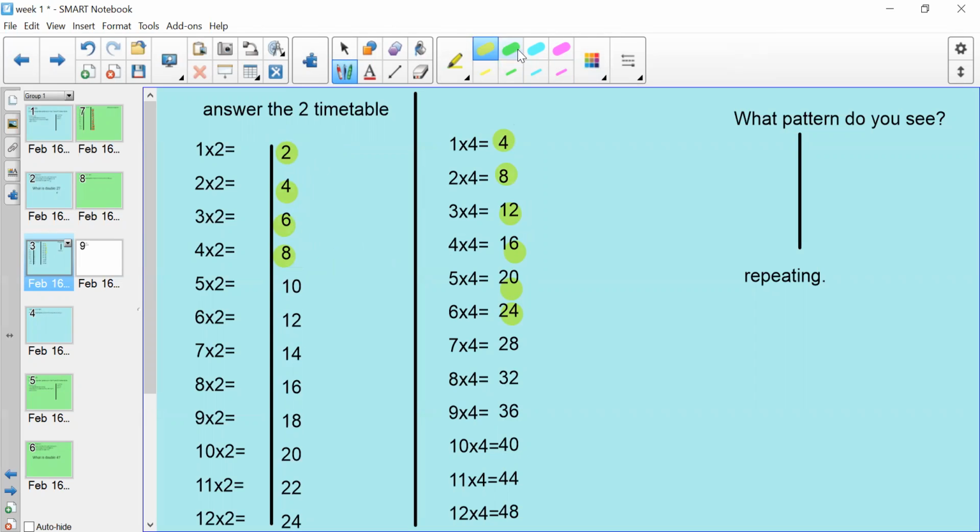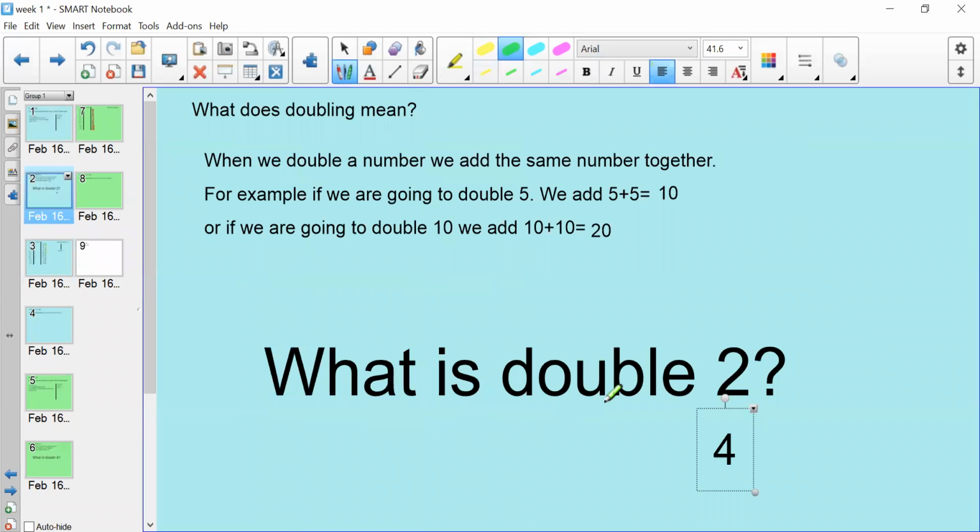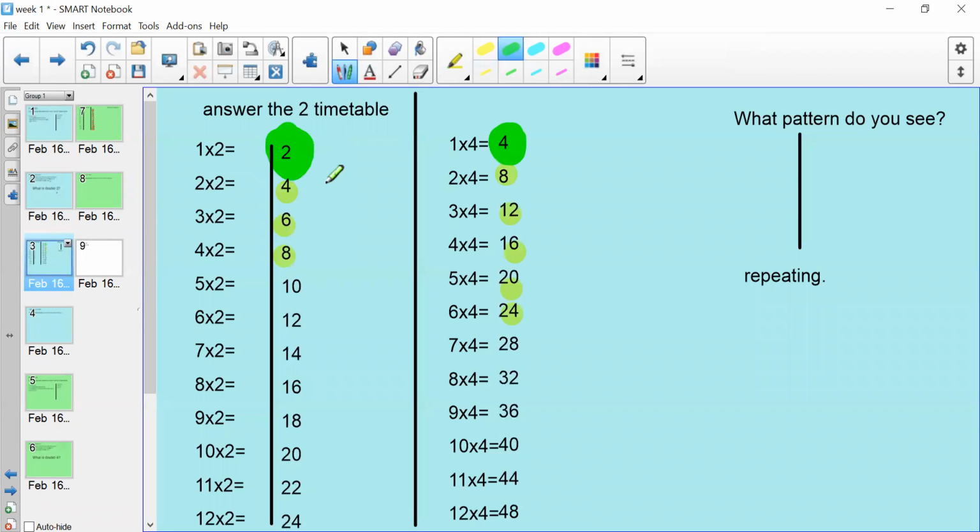The second pattern, which is really important, is if you look at the answer to 1 times 2, the answer is 2. What is the answer to 1 times 4? It is 4. And if we look back at our previous slide, where we said, what is double 2? Double 2 is 4. So there's a link.